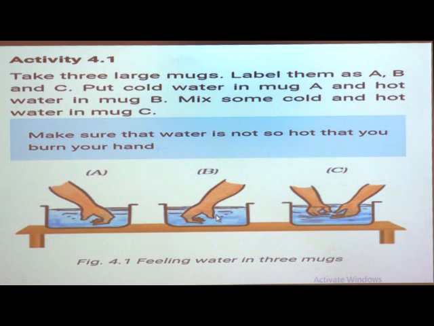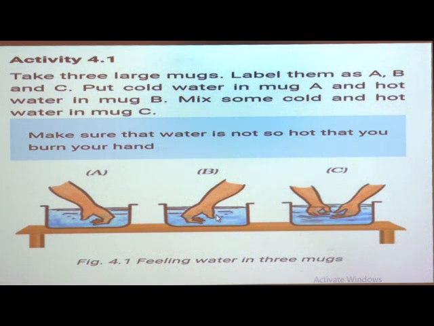How will you feel when you keep both your hands in lukewarm water? Do you feel the same sensation in both hands? No, you do not feel the same sensation in both hands.